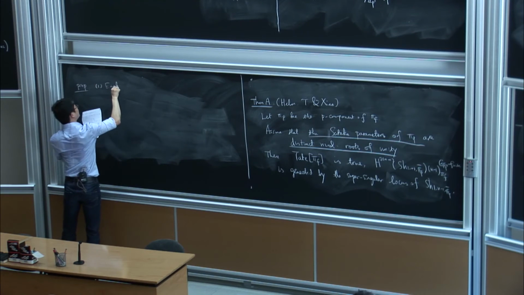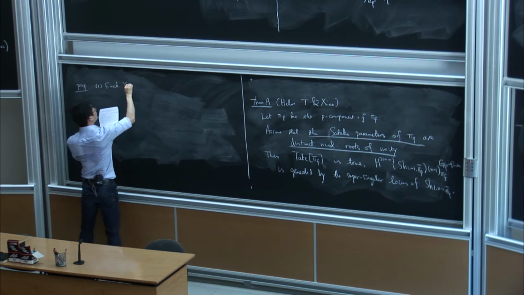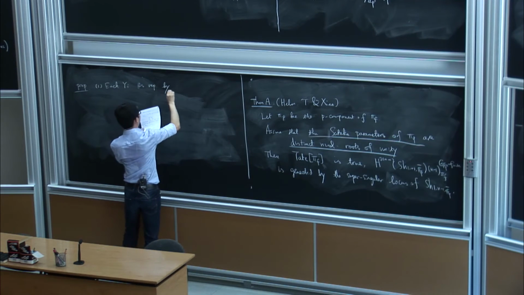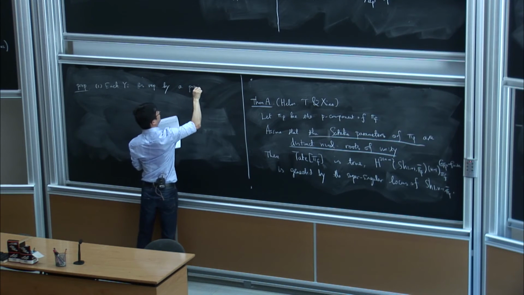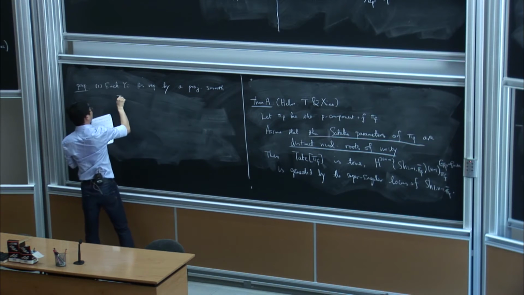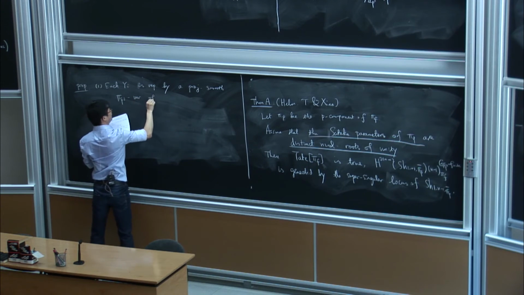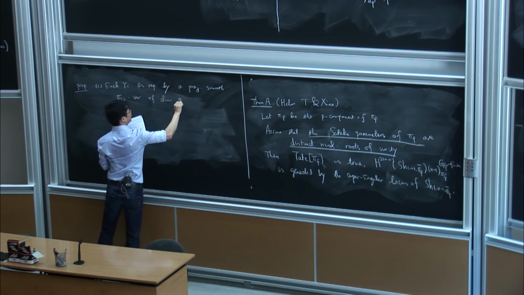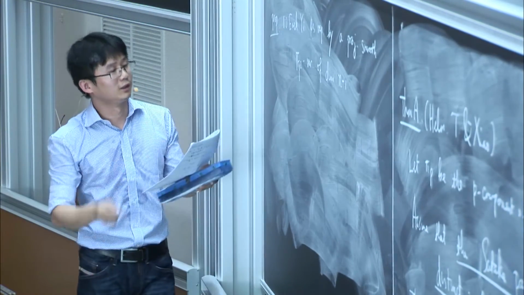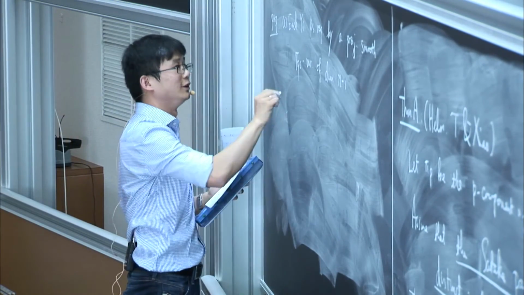Okay. The proposition is the following. First of all, each Y_i is representable by a projective smooth F_{p^2}-variety of dimension n minus 1. So this is just half of the dimension of the big Shimura variety.